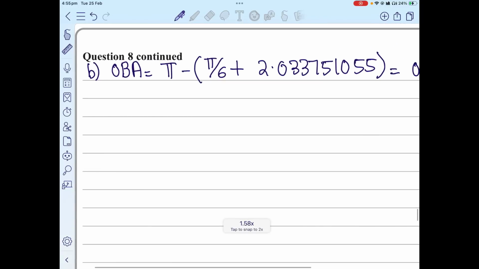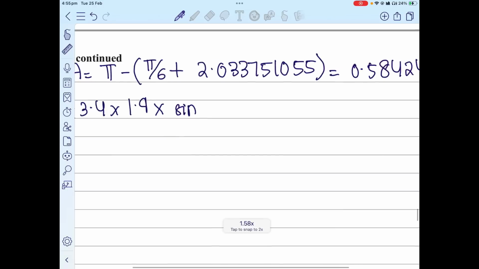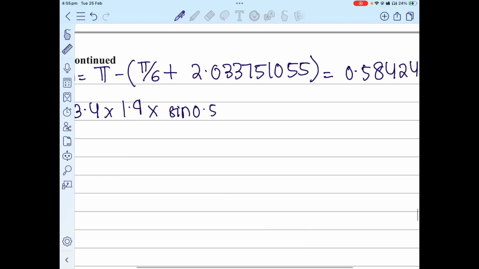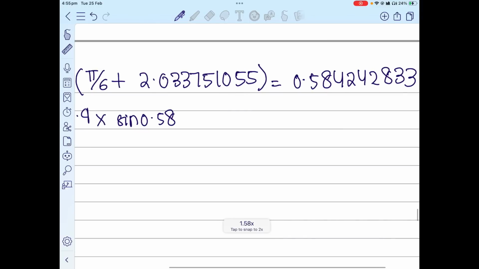After that, you just do 1 by 2 times 3.4 times 1.9 times sine of this angle, 0.584242833, which is equivalent to 1.78154645.